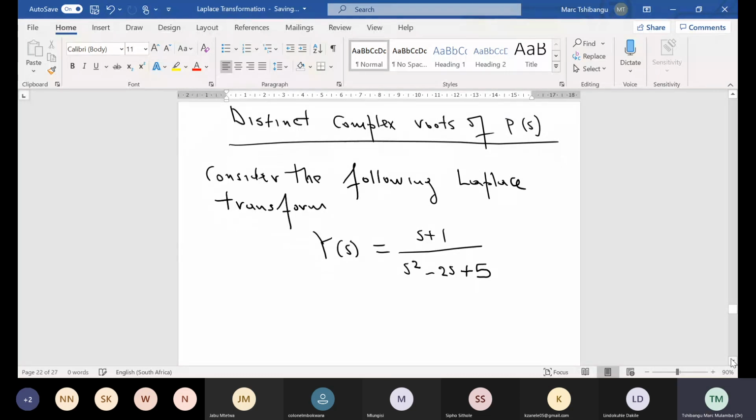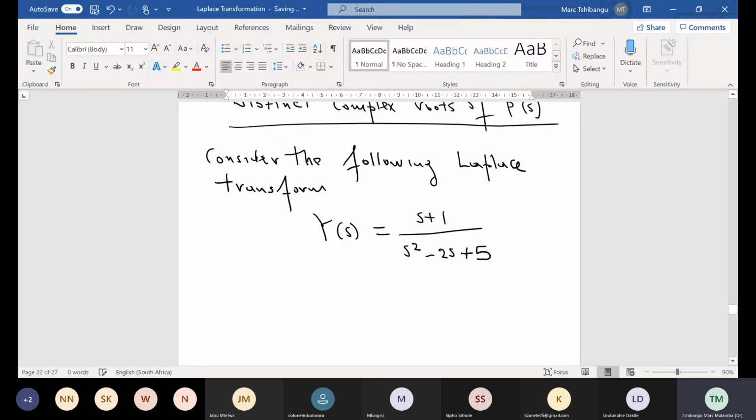Remember, the first thing, we need to find the roots of our characteristic equation. So this is equal to Q of S over P of S. We need to find the roots of P of S, right?